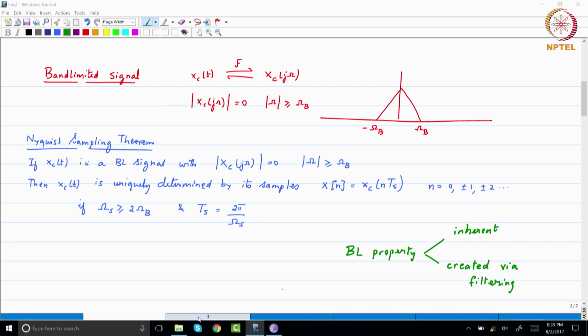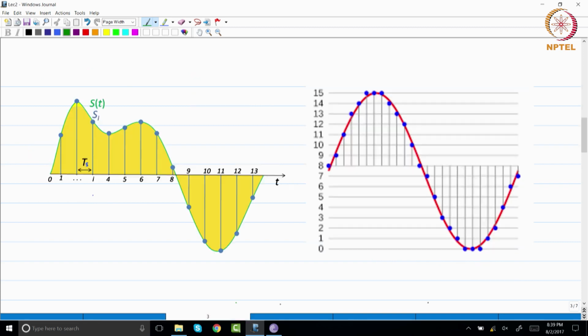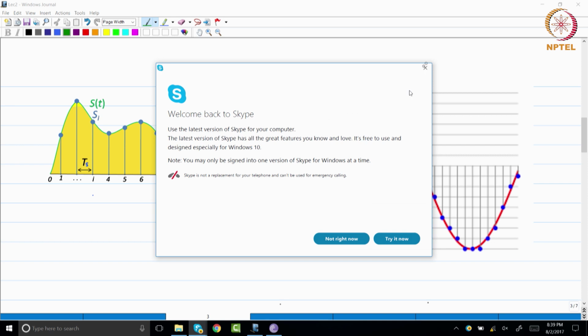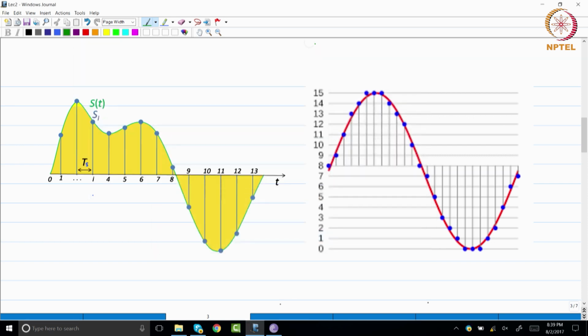Okay, that is going to be an important element in what we will discuss today. The next aspect is the differences between an A to D and a C to D system. This is a C to D, continuous time to discrete time. This is an A to D. So, can you link the A to D to the C to D? What is the part that takes you from here to here?